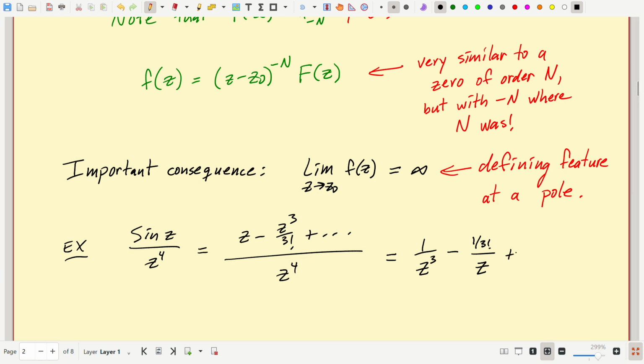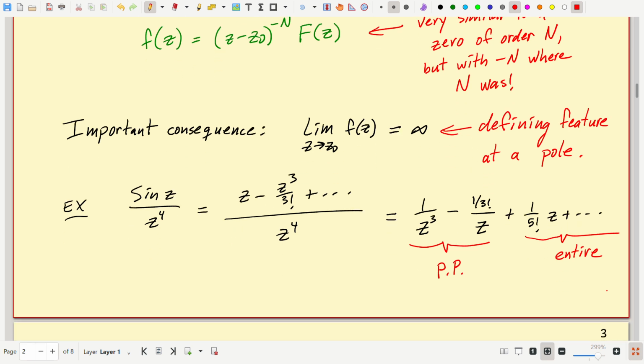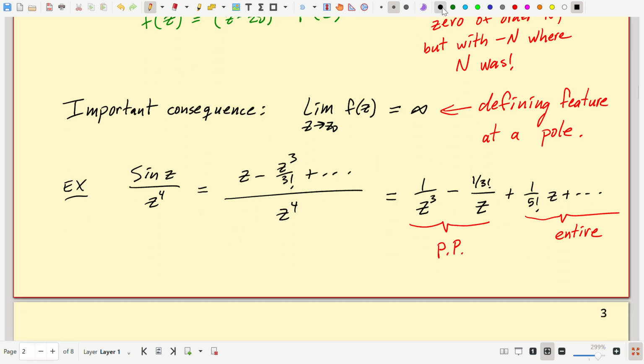And then the next one would be plus 1 over 5 factorial times z to the 1 power, plus dot, dot, dot. The first two terms are the principal part. And the rest turns out to be entire, an entire function with a power series that converges for all z. That has a pole of order 3 at z equals 0.